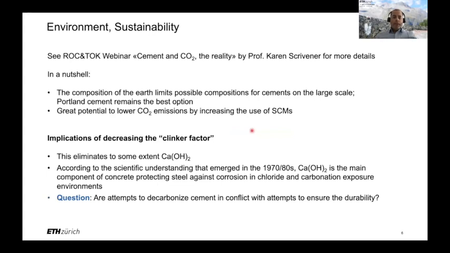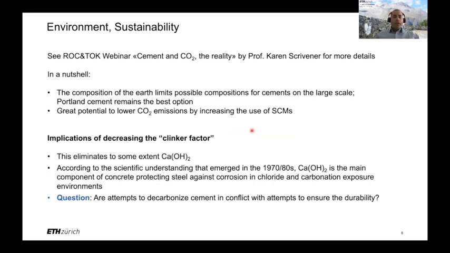Now, apart from the economic impact and the safety associated with aging infrastructures, of course, infrastructure also has a societal relevance in terms of environmental and sustainability aspects. And here I would like to refer to the Rock and Talk webinar that was given by Professor Karen Scrivener a couple of weeks ago on cement and CO2, the reality.